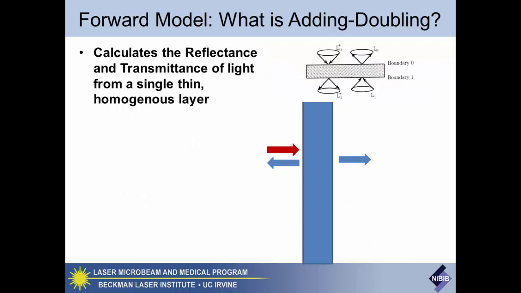So what makes this kind of simplified solution interesting is also why it is called adding doubling. Now you can go through and say, if I can come up with a solution for an arbitrary slab dimension, I can then add more slabs and propagate that solution all the way through, because at every single boundary you can determine what the radiance is in the forward and backward direction.